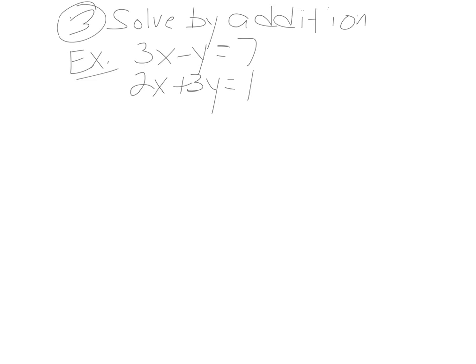I need the numbers in front of the x's, the coefficients, to be the same, except one needs to be positive and one needs to be negative. So using the same kind of thinking we use to get a common denominator, I can turn both of those coefficients into sixes if I multiply the top by 2 and the bottom by 3. 3 and 2 both go into 6.